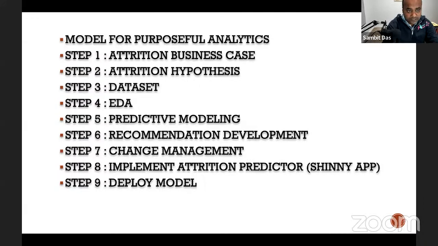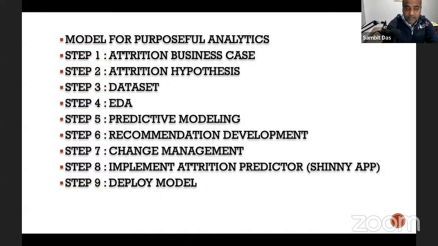That will be the first step. So we'll break down what the problems are that we are going to solve in our machine learning deployment. The second step is to identify the hypothesis. That is basically the statistical statement that we are going to prove or disprove through our work.